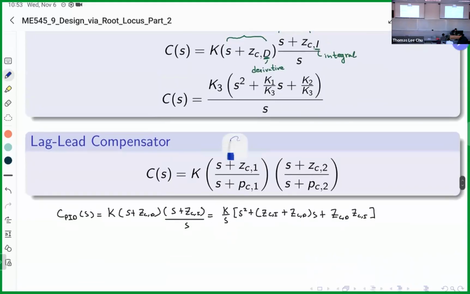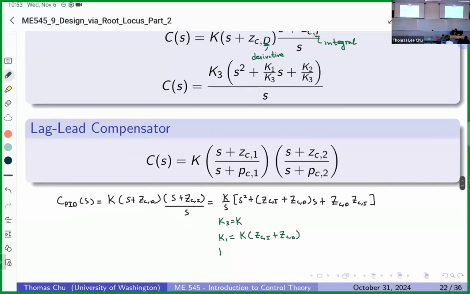So basically what you can see here is that K3 is equal to K. And K1 is equal to K times (ZCI plus ZCD), and K2 is equal to K times ZCD multiplied by ZCI. And that's how we get this.